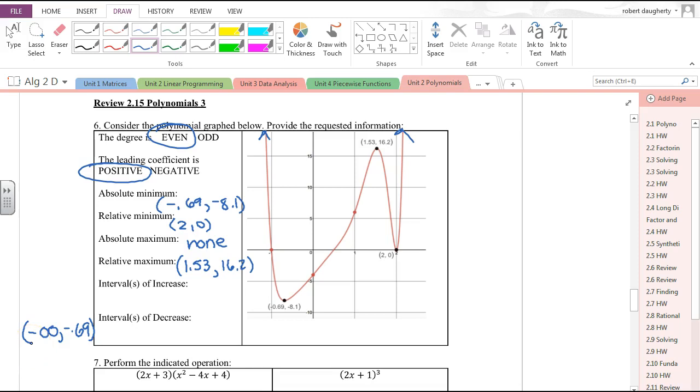And then from negative 0.69 to 1.53, that is an interval of increase. From 1.53 to 2, that's an interval of decrease. And then from 2 to infinity, that is an interval of increase. Okay.